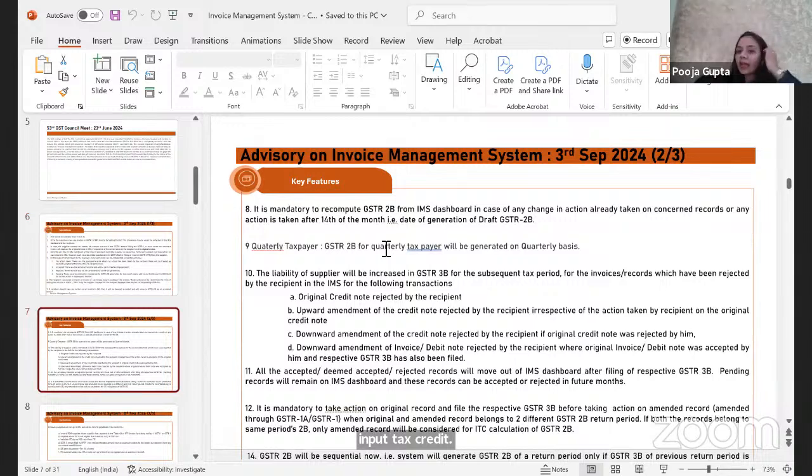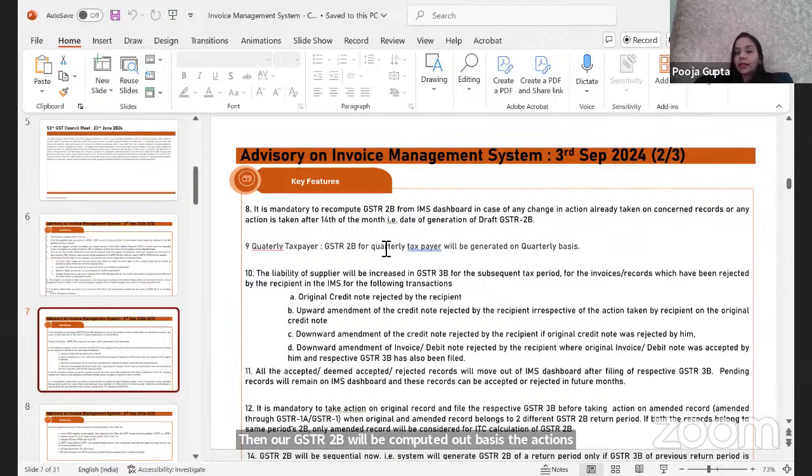And once we have taken the action on the IMS dashboard, either in terms of acceptance, rejection, or keeping it pending, then our GSTR 2B will be computed based on the actions that we have taken on the IMS dashboard.